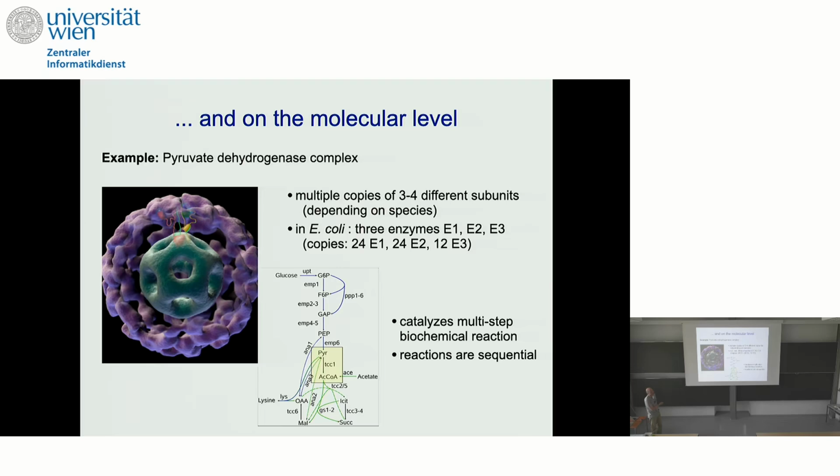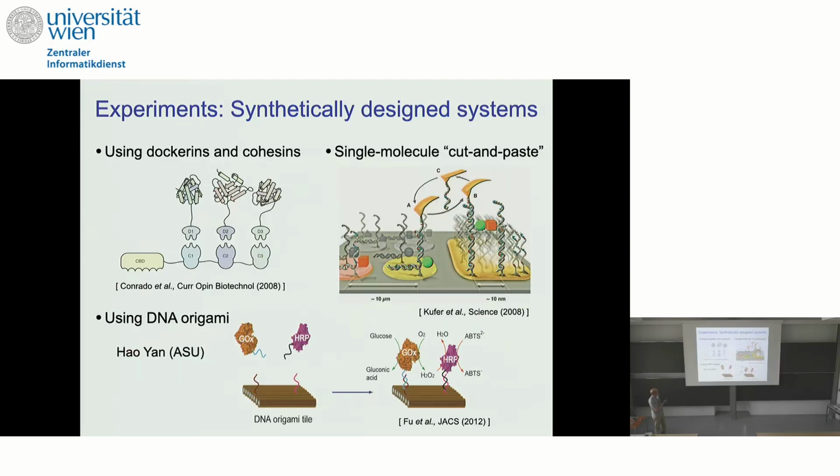And this object is responsible for converting pyruvate to acetyl-CoA. And it consists of 3 different enzymes, and it's a 3-step reaction. Yeah, so that's one example. There are lots of details here which I'm not mentioning, but in the spirit of arranging catalytic particles here, it's a beautiful example.